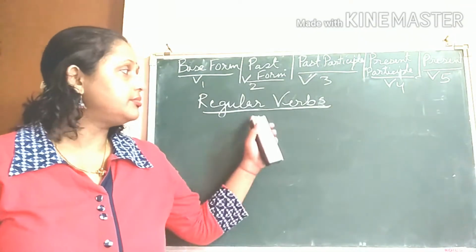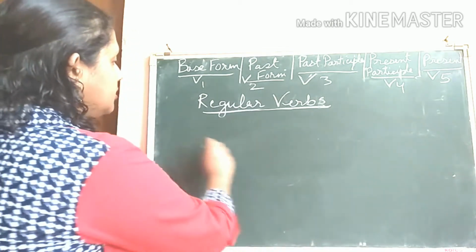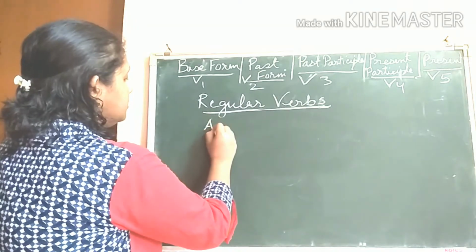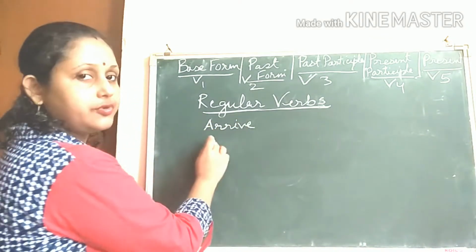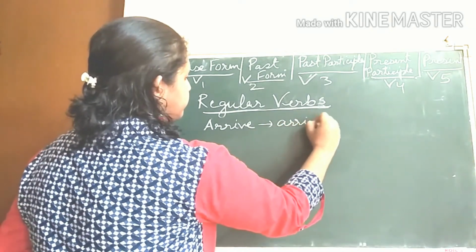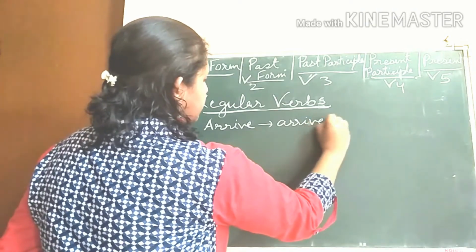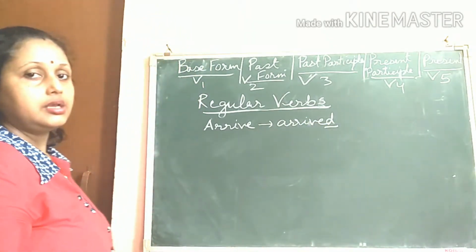Children, let us see some regular verbs that end with d. Suppose arrive. Arrive is the base form. It changes into arrived. E is already there, so we added only d, isn't it?